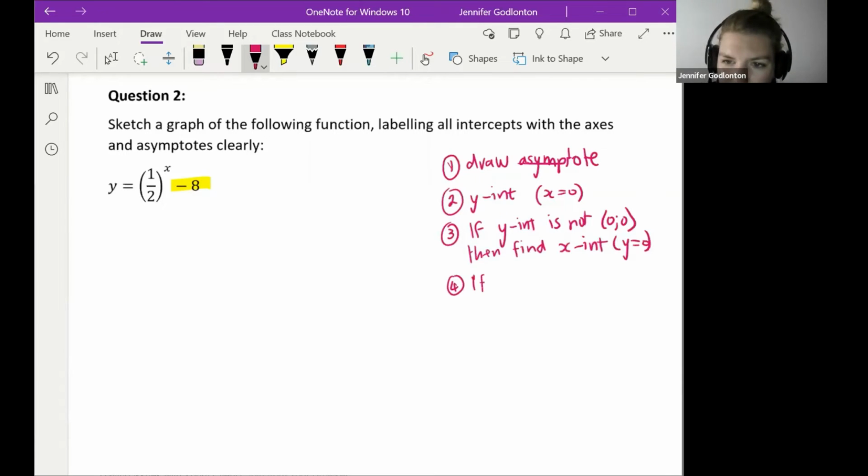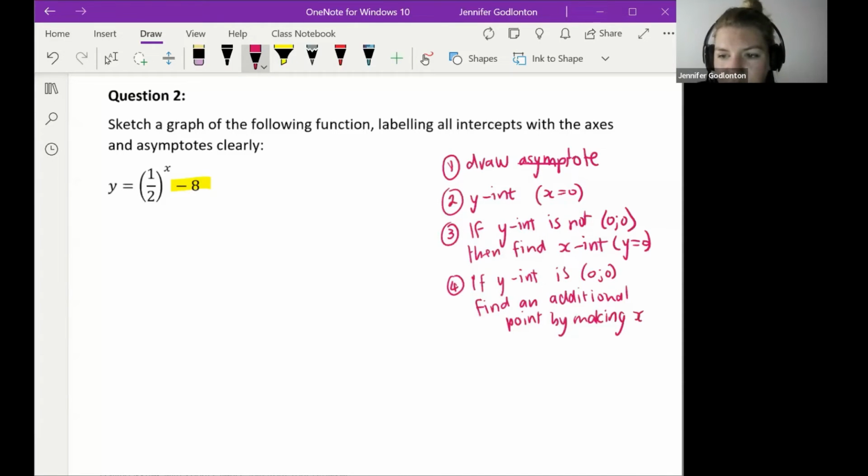If the y-intercept is 0, 0, find an additional point by making x equal to 1. Okay. That's pretty much all you have to do. And then you'll be fine.